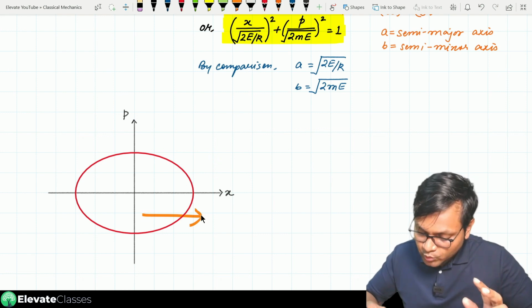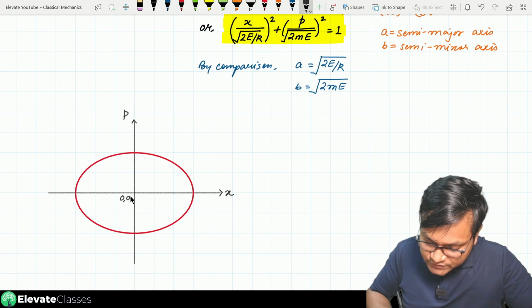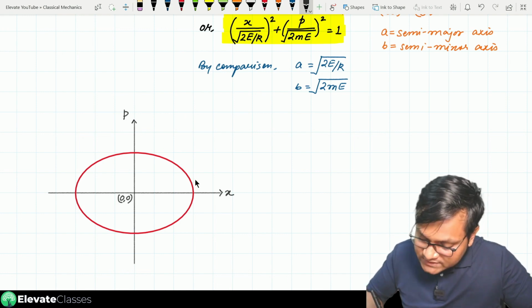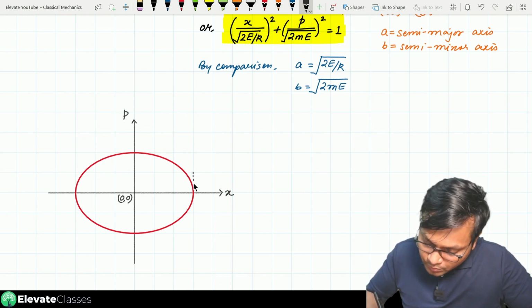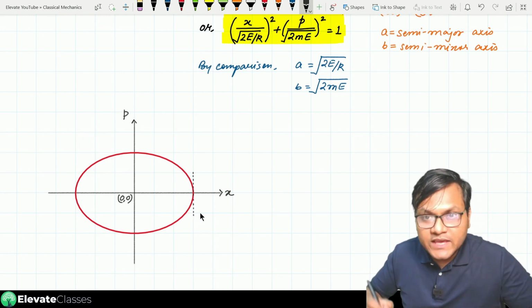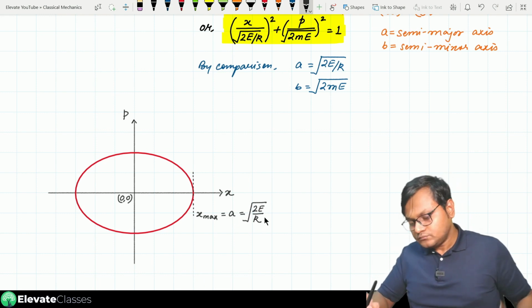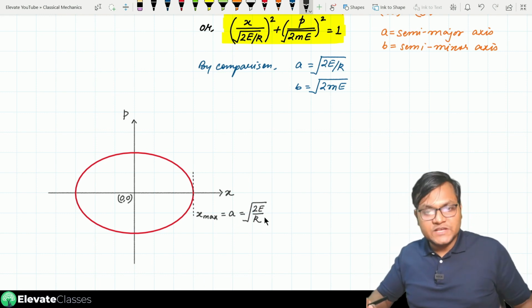That means we can find out its various coordinates. So for example, here if it is 0, 0, then what is this? This represents the maximum displacement along the x axis, which is x max is equal to a, which is equal to root over 2E upon k. Right, because this represents the maximum displacement.